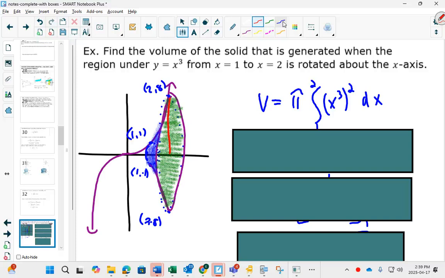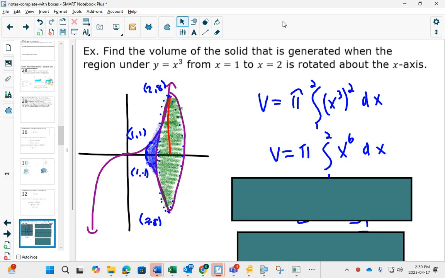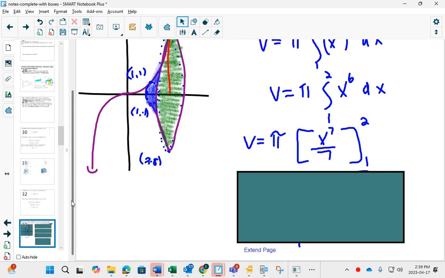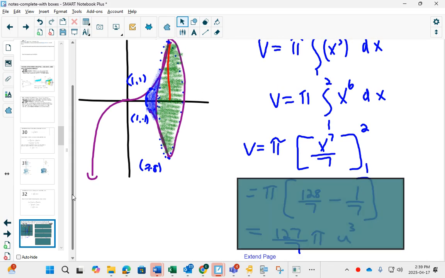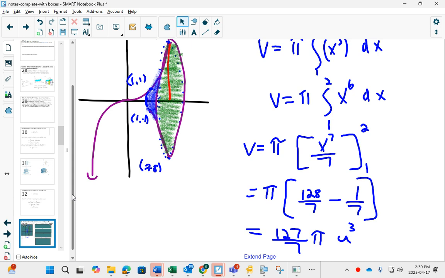So it becomes the integral from 1 to 2 of x to the 6 dx, easy to calculate. And you can plug these numbers in, and we can figure out that the total volume is 127 over 7 pi, whatever the units would be, cubed. Crazy, because that's a weird shape.